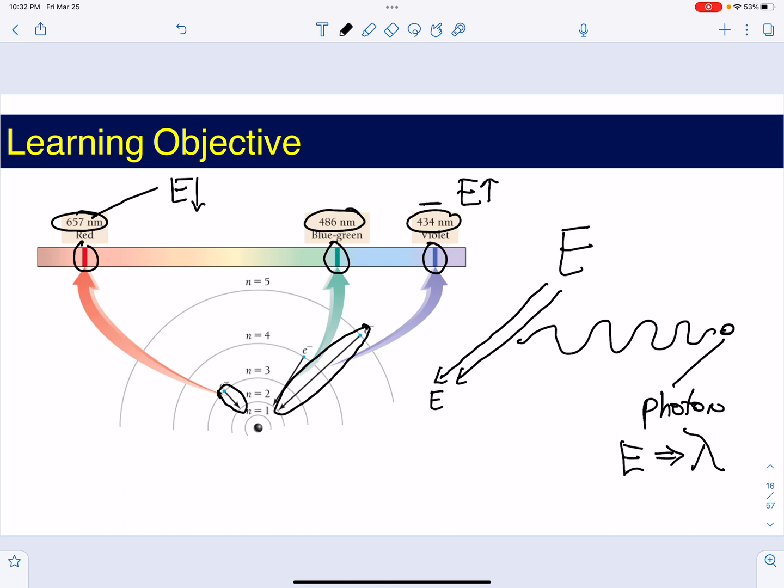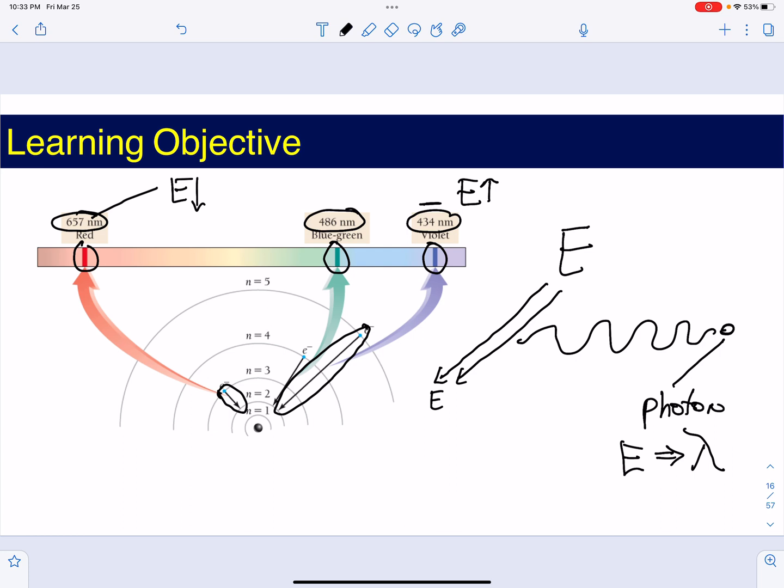Just on the size of the distance that the electron has to travel to come back, you can see that going from 1 to 5 and then coming back is a lot more energy than going from 3 to 2. So that's how we can start relating that.